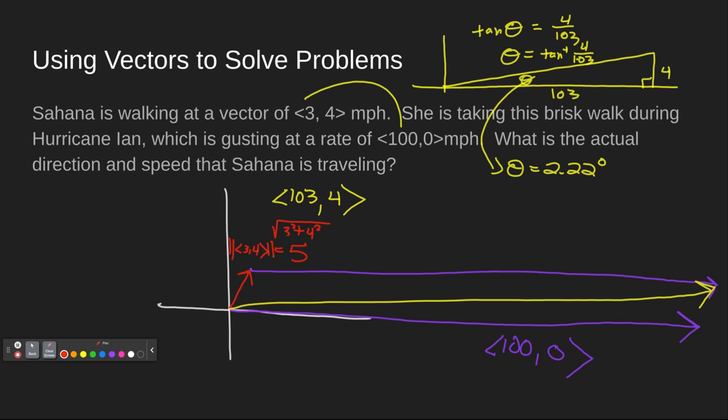So you might think she must be going 105 miles an hour. Not true. Not all of the wind was going in the direction that she was going in. That's kind of the beauty of this. So to figure out how fast she was going, we're going to take the magnitude of the resultant vector, the square root of 103 squared plus 4 squared.